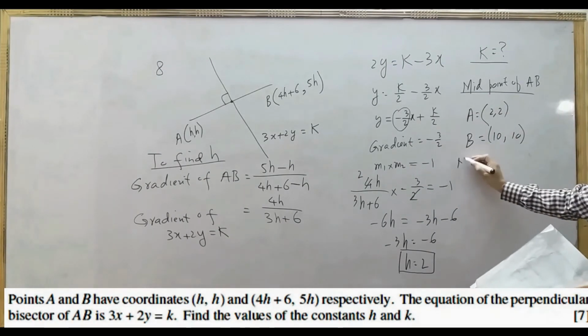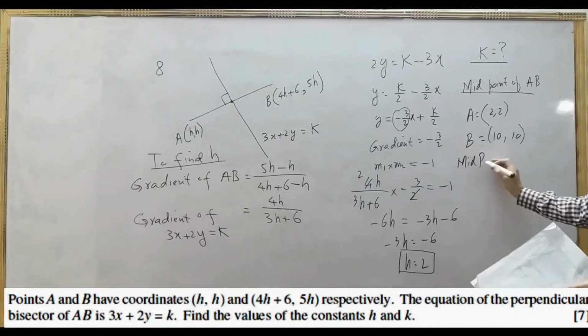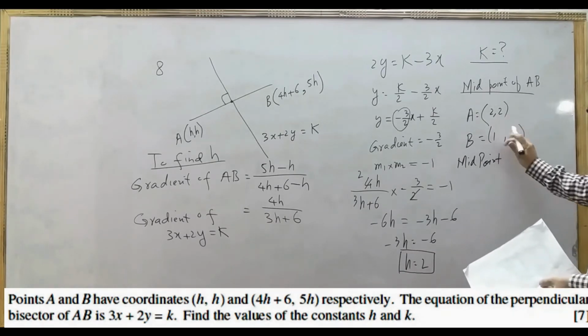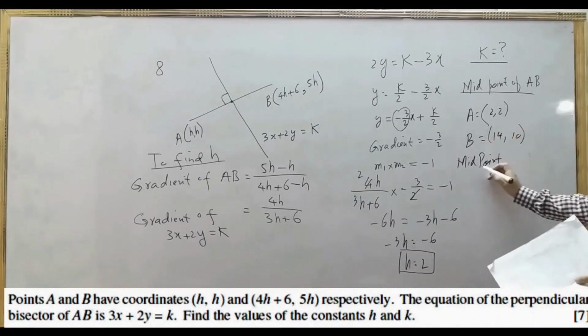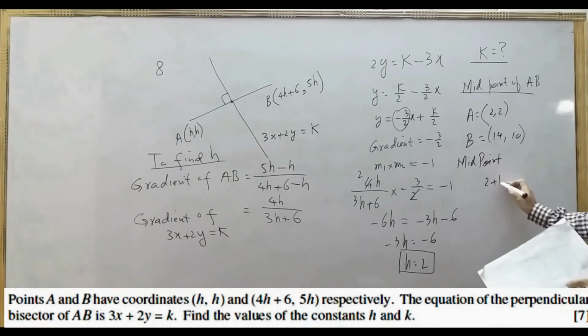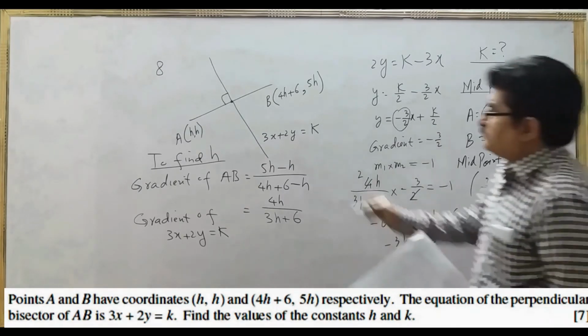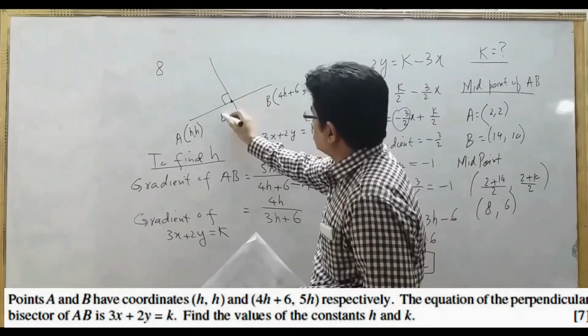So the midpoint will be equal to (2 plus 14) over 2, (2 plus 10) over 2. This is 8 and this is 6. So this midpoint is (8, 6).